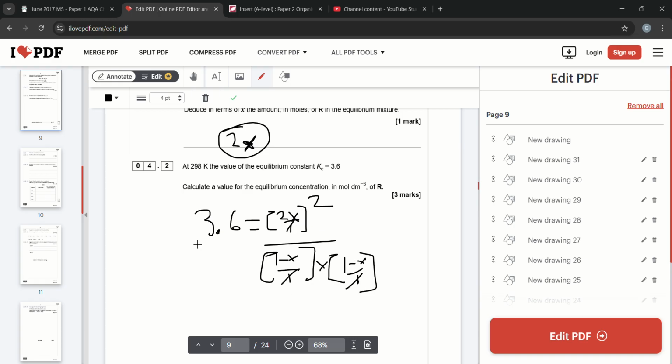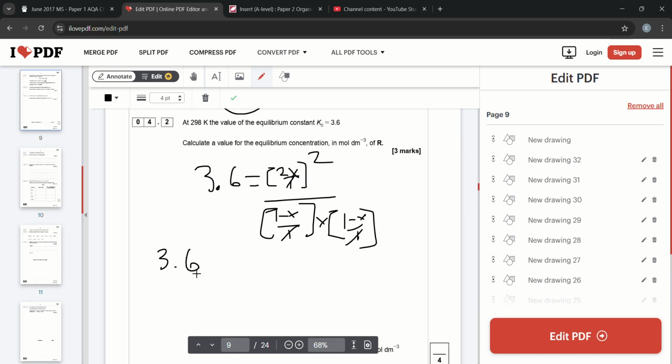Ones will cancel out, so we get 3.6 equals 2X squared over 1 minus X squared.